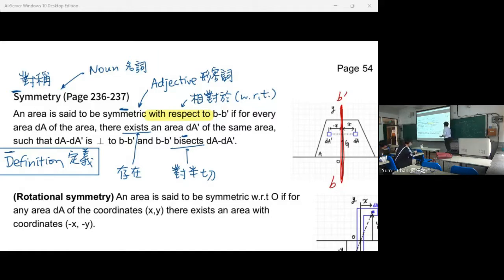So we say the area is symmetric with respect to B and B prime if for every area dA on the right, there is an area dA prime on the left, and the line connecting the two areas is perpendicular to B and B prime, and the line B and B prime bisects dA and dA prime.